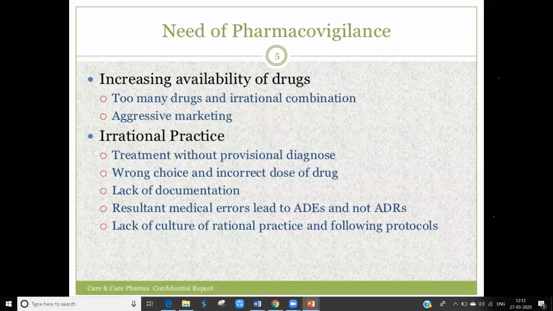I can give you an example. If the patient is taking a drug and driving a two-wheeler and meets with an accident, falling down from the two-wheeler, this becomes an adverse drug event.